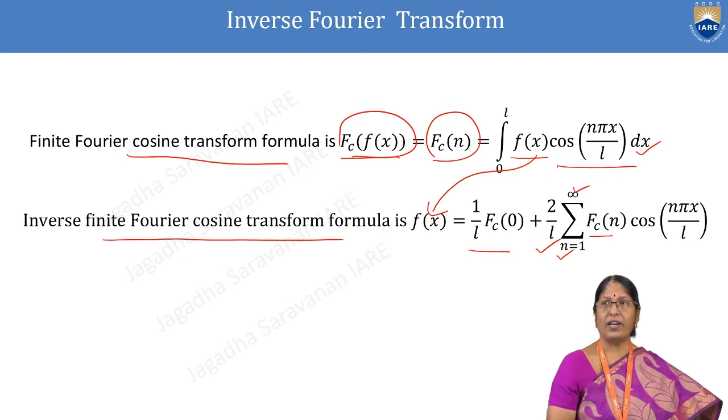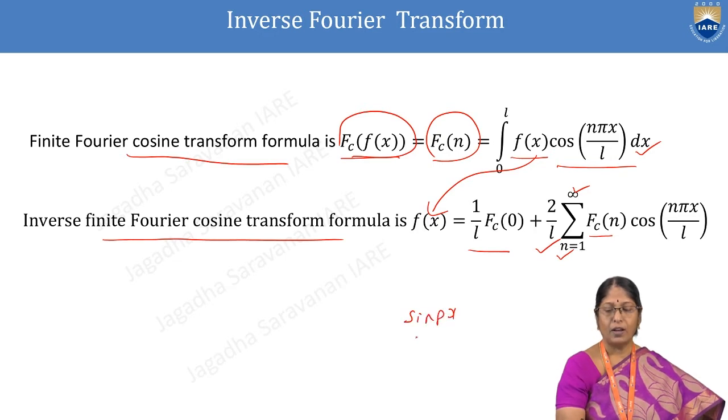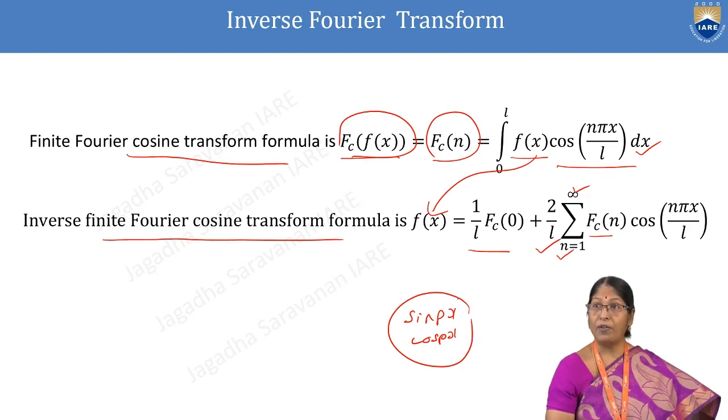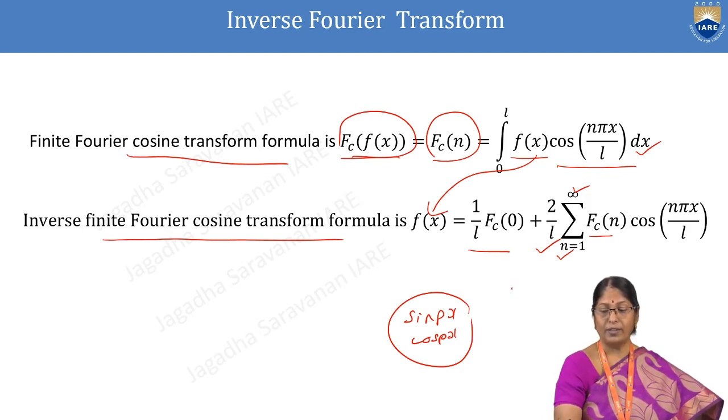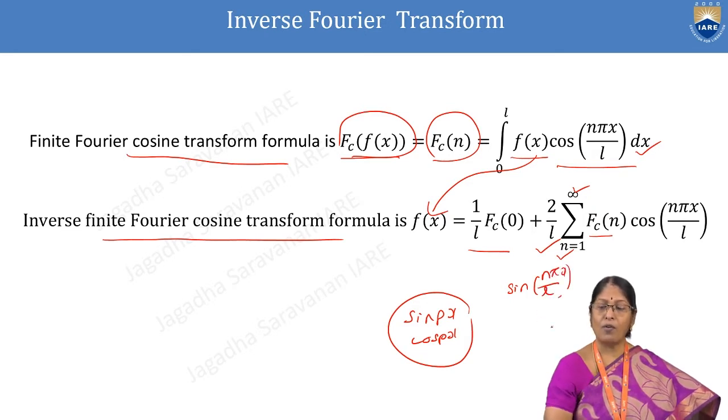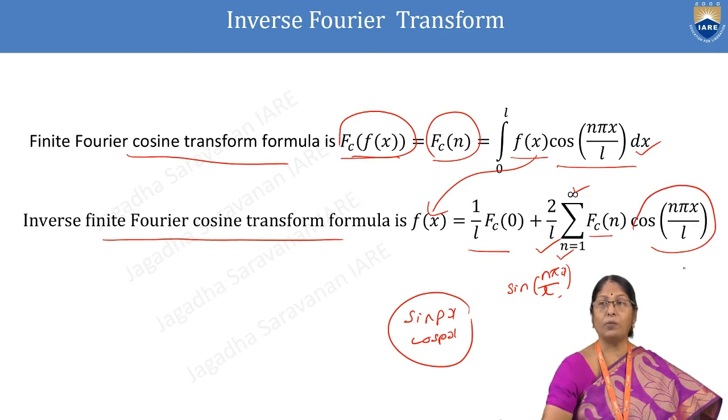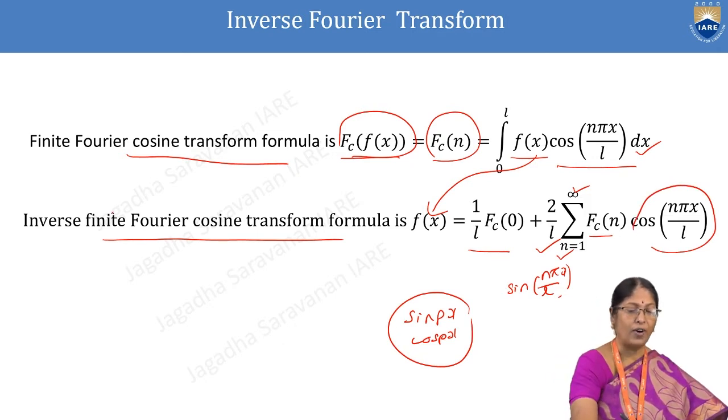So finite and infinite, an easy way to remember: sin px, cos px will dominate for infinite, whereas sin n pi x by L or cos of n pi x by L will dominate for finite.